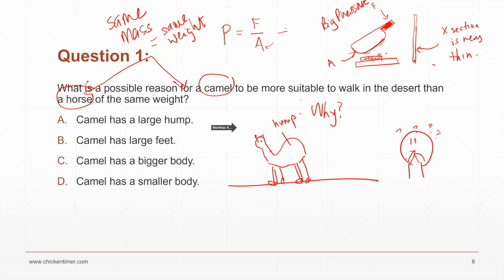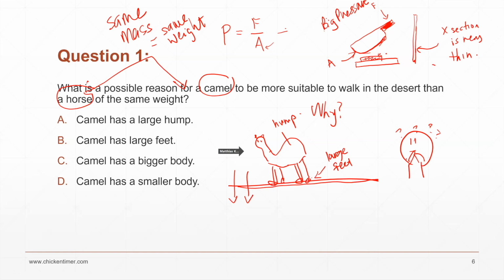So when the camel walks on the desert, you will expect it to walk on the surface. If it has a very small feet, its feet will be like the knife and it will sink into the sand.